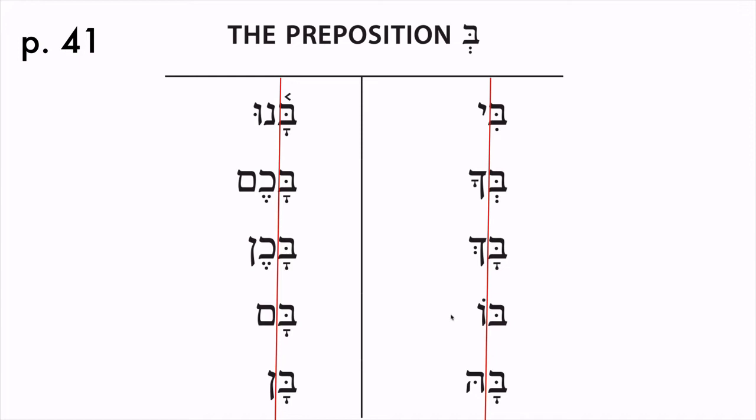Now, one reason to put this line in, this red line, is to illustrate that once you have committed this paradigm to memory, you can substitute other prepositions. So if instead of b, we want to have l, which means to or for, we don't have to learn a whole new chart.